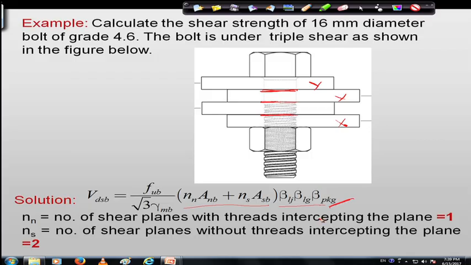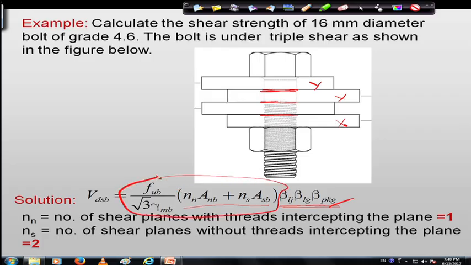Suppose we have a short joint, meaning the joint is not long and the grip length is not large, and also no packing plate is given. So, we can omit these 3 reduction factor terms. Now we have to calculate the value of VDSB on the basis of this formula.